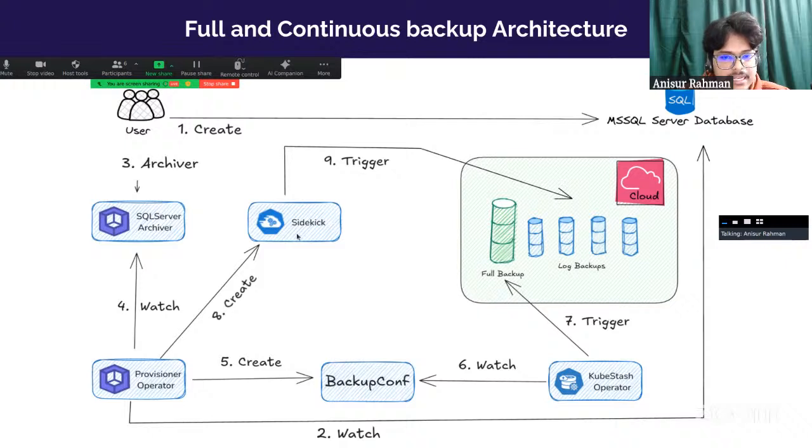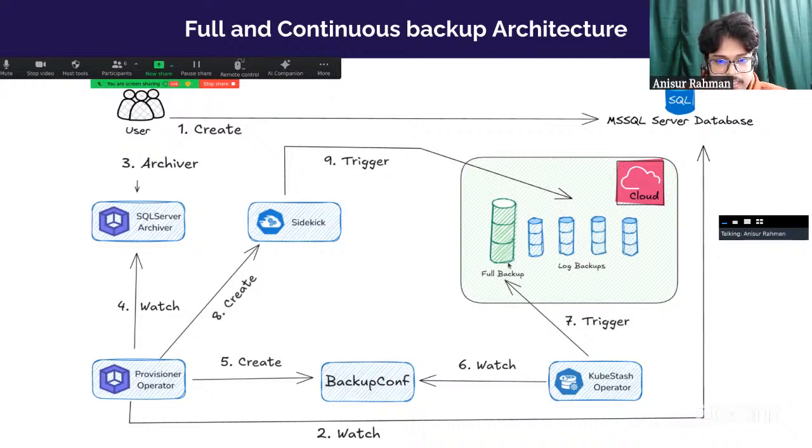And what is sidekick actually? The sidekick is another custom resource managed by AppsCode, and this is the upgraded version of the native Kubernetes sidecar resource. This sidekick is responsible for triggering the log backups on a 30 minute schedule.